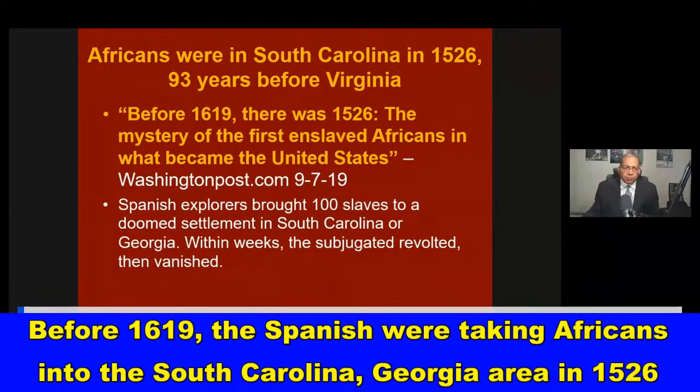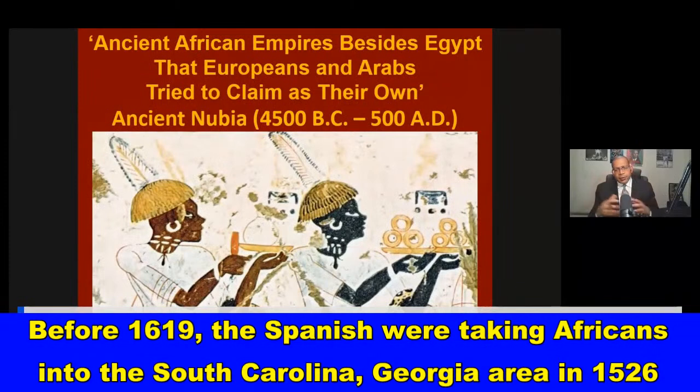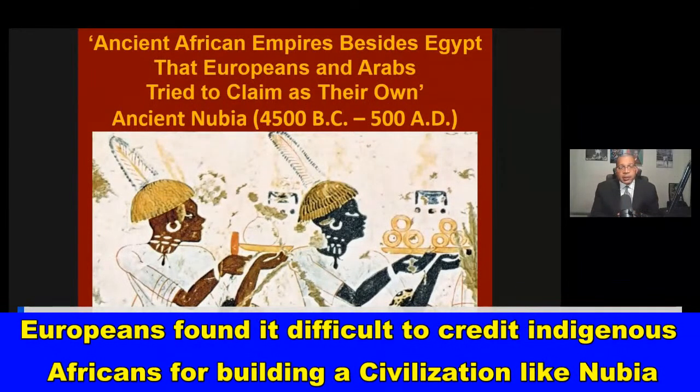Okay, so we look at some ancient African civilizations like ancient Nubia, and we look at African empires besides Egypt that Europeans and Arabs tried to claim as their own. One of them is ancient Nubia, or Ta-Nehisi, which existed from about 4500 BC to 500 AD.